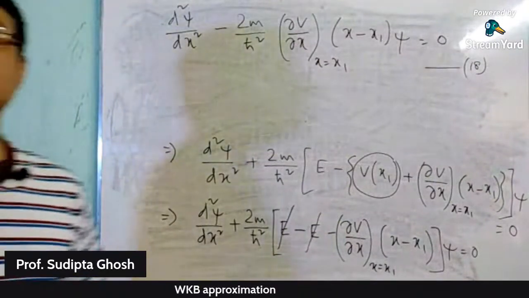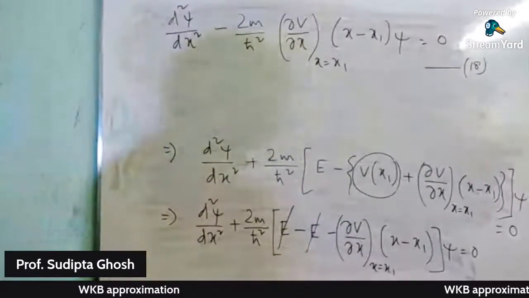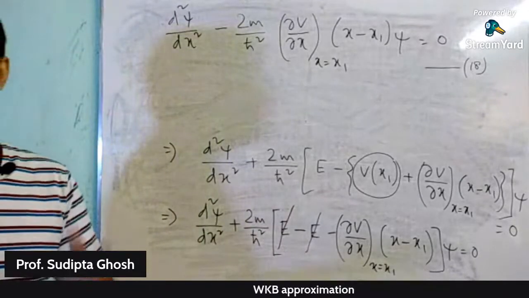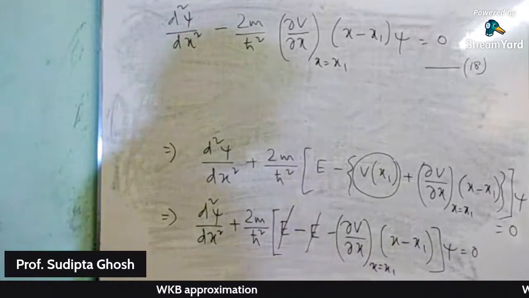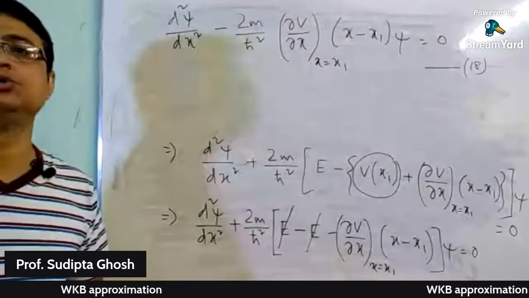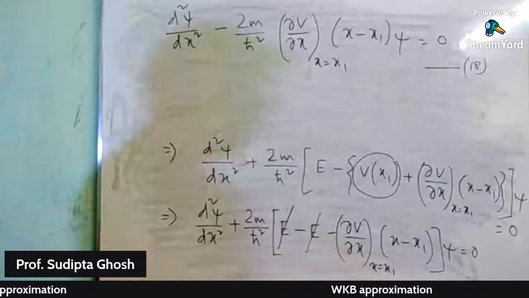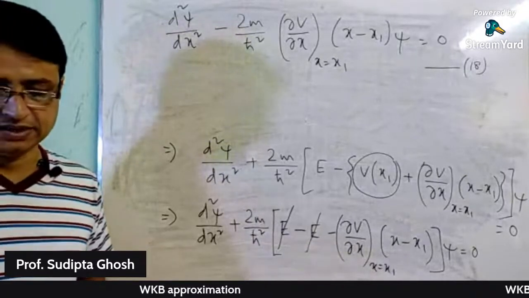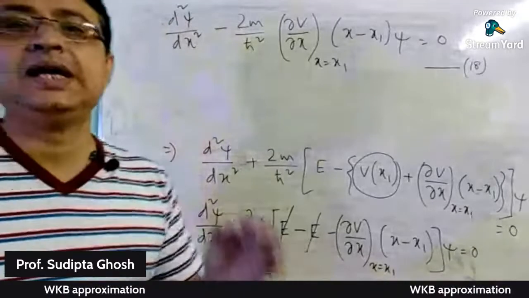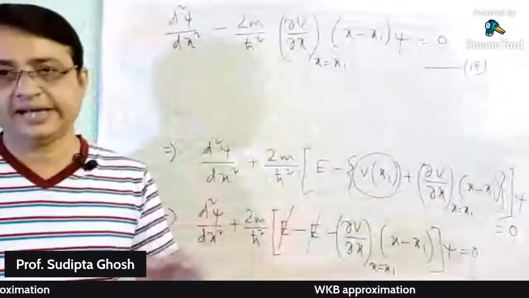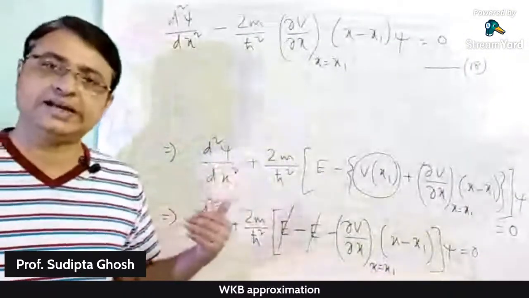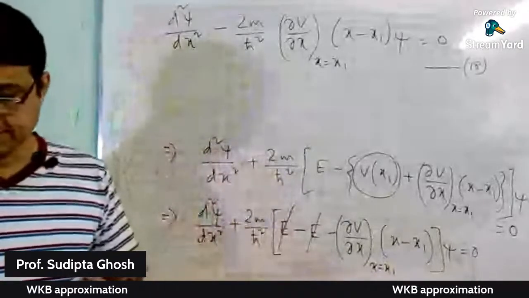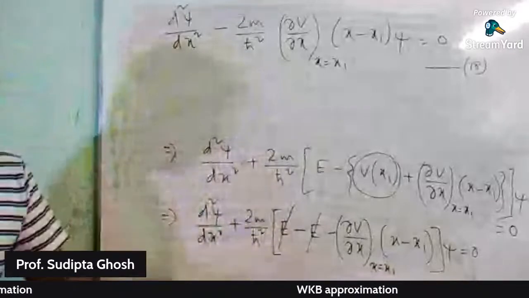Now as the first step, we have to work out the independent solutions of equation 18 for the regions x less than x1, that is the region in which E is greater than V(x), and x greater than x1.